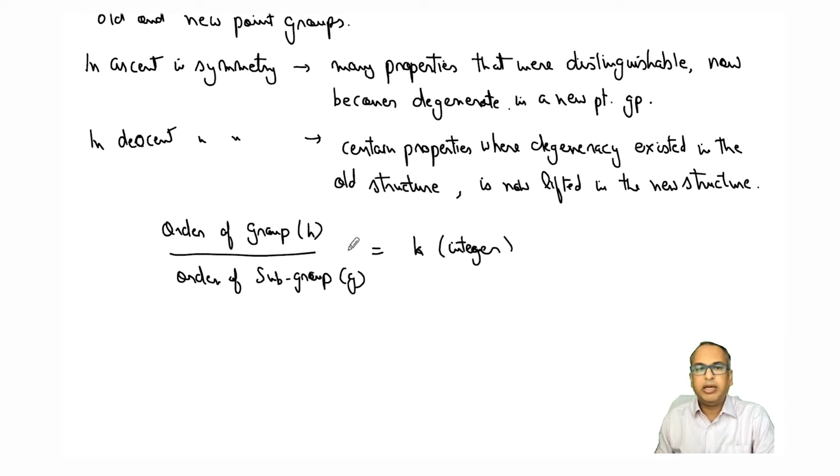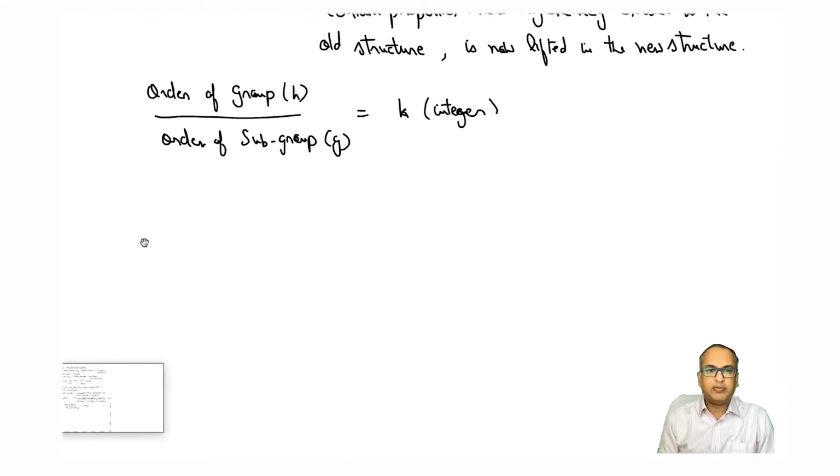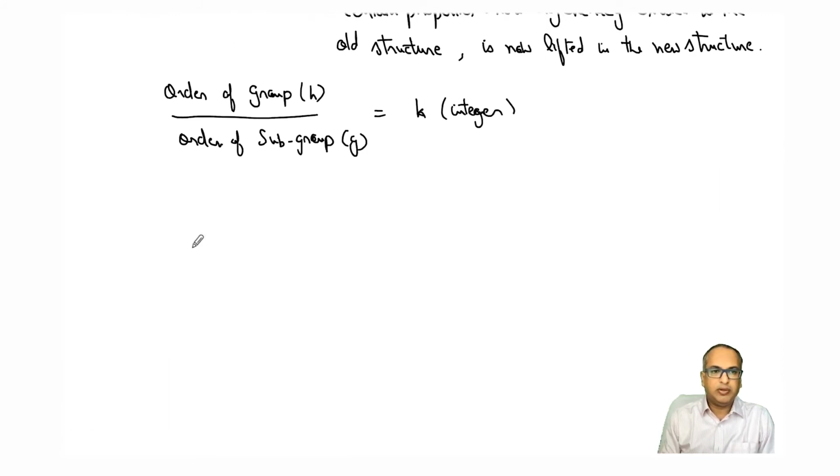So it must be an integral divisor of the order of the group. If there is a group subgroup relation, the two must follow this rule. Now let us take an example, because without an example it is not easy to understand.